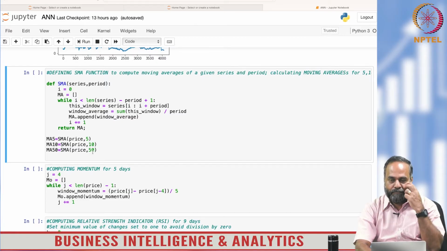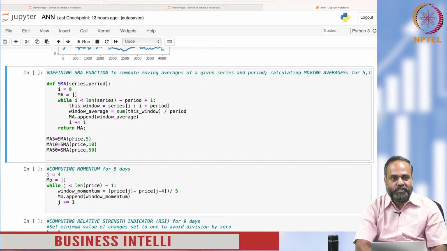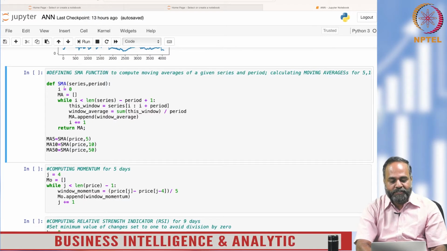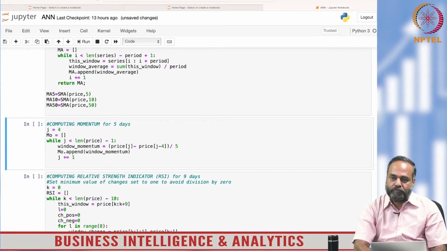That is the meaning. So since we need to repeat this function, I defined a function SMA, and then I am giving values or arguments to that function SMA to create moving average 5, moving average 10, and moving average 50. This is based on literature.